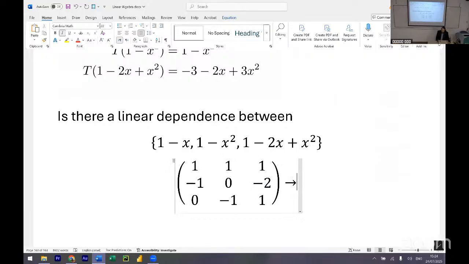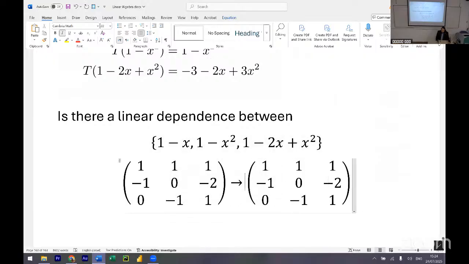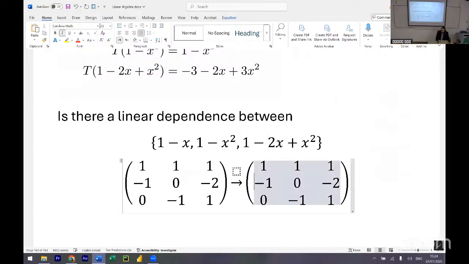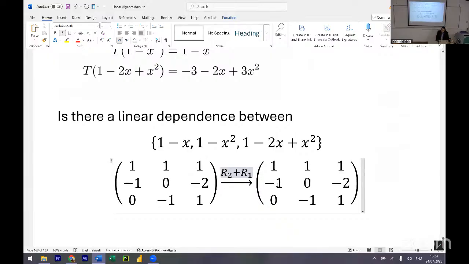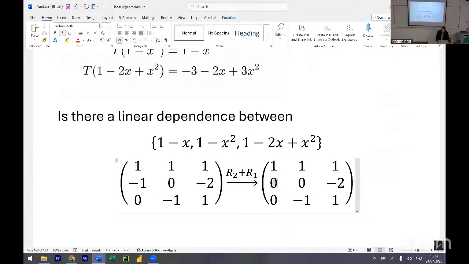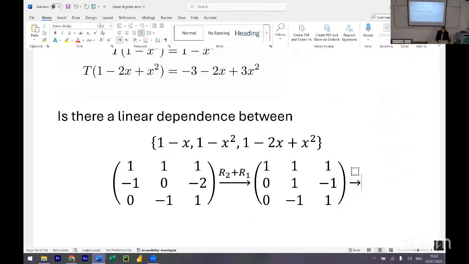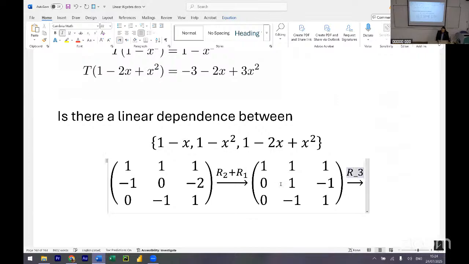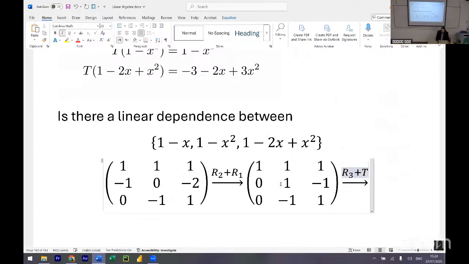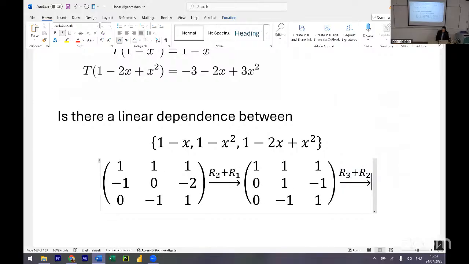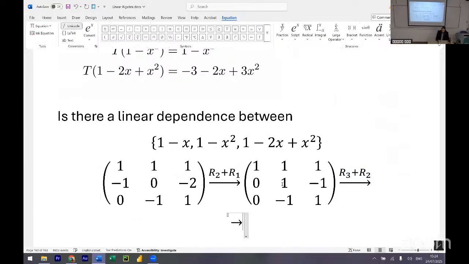And you do Gauss elimination. I'll add the first row to the second row, and I'll get here 0, 1, minus 1, and then I will add the second row to the third row, and we get a 0 row.